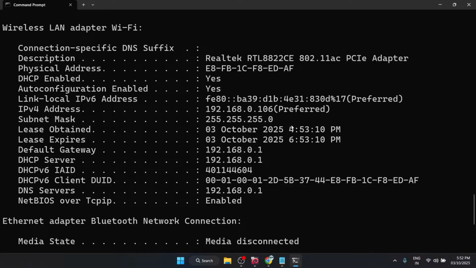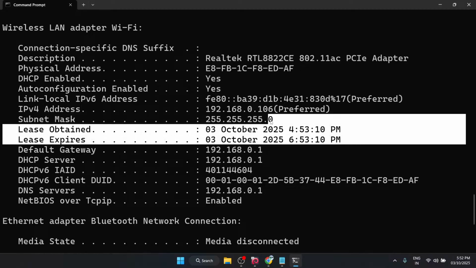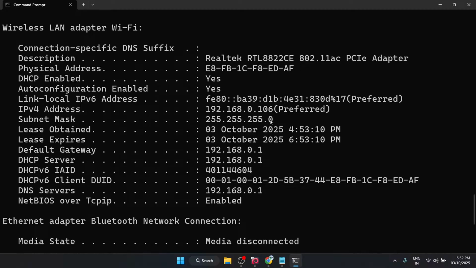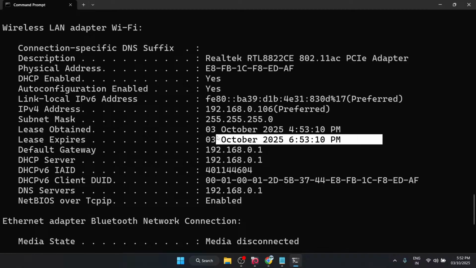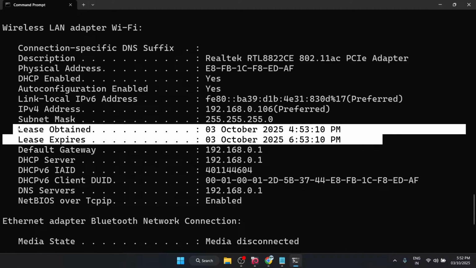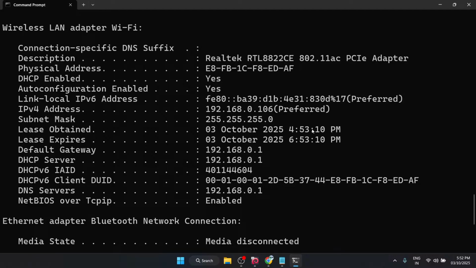I opened my system at 4:53 and till 6:53 it is giving me an IP address for 2 hours. It can range from 2 hours to 48 hours. It can be anything. It depends completely on your router. So it gave a lease of 2 hours to me. That means after this lease is completed, DHCP working will begin again.